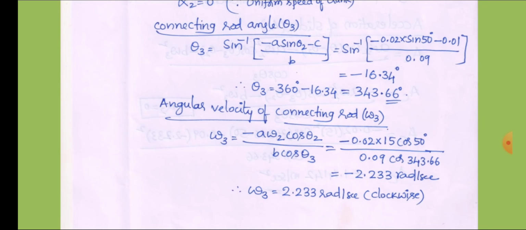If I simplify, I am going to get omega 3 value as minus 2.233 radians per second. So therefore omega 3 is, I will write only the figure, 2.233 radians per second, and in the bracket, because of negative, I will write it as clockwise.